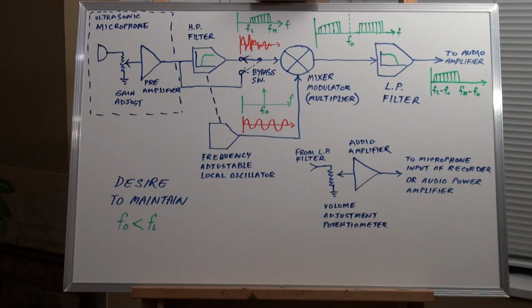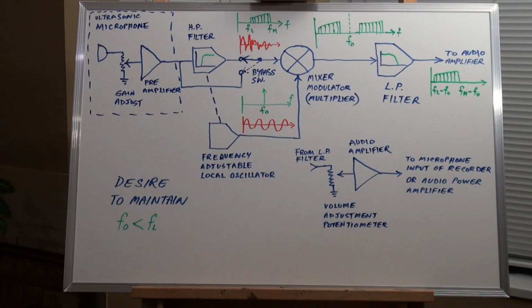I've included the high-pass filter in the functional block diagram, because we identified in the previous video that there are things happening as far as spectral inversion goes that could be undesirable, and it could be a good idea to filter the frequencies that are in the audible spectrum before passing them on into the mixer.